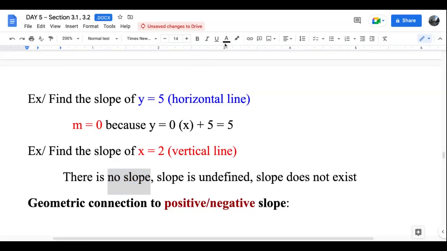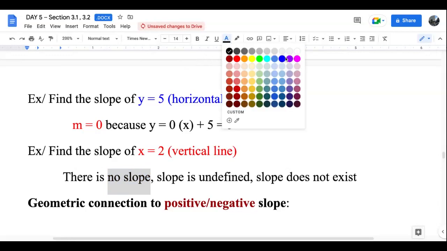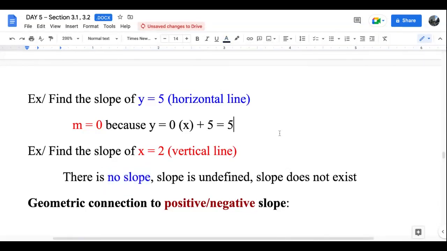This one has no slope, or we say the slope is undefined, or the slope does not exist. So horizontal lines have slope equal to 0, but vertical lines have no slope.